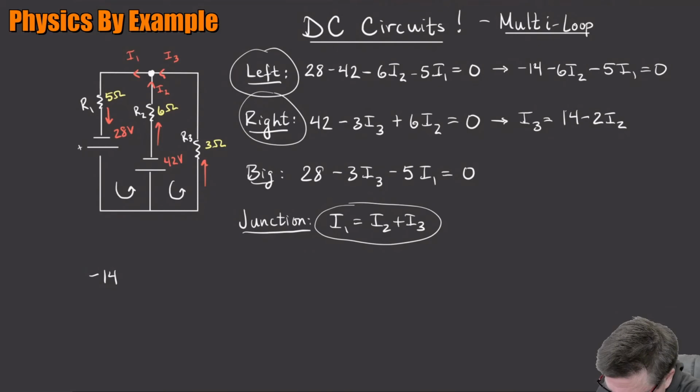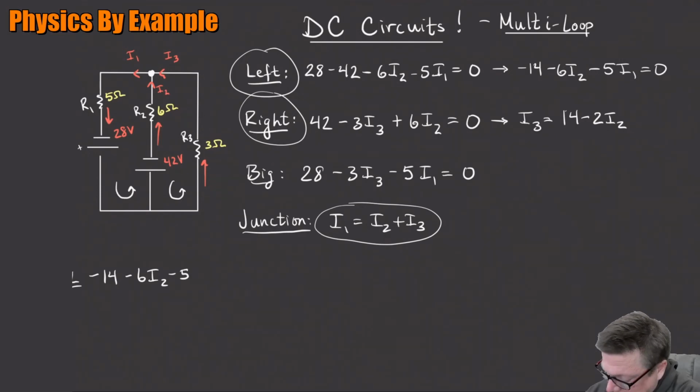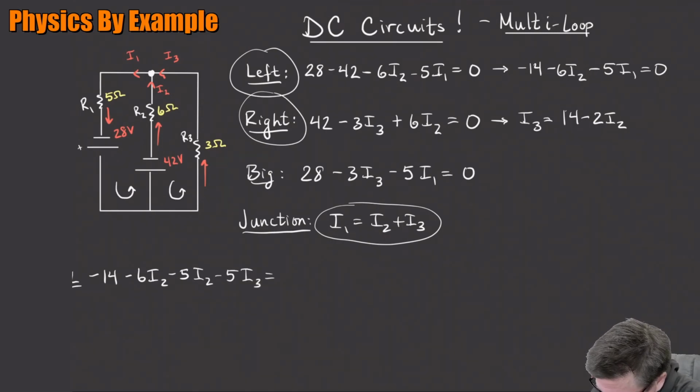Here's my left equation. Minus 14 minus 6 I2 minus 5 times I1, which is I2 plus I3, so minus 5 I2 minus 5 I3 equals 0. Okay, so that's minus 14 minus 11 I2 equals 5 I3.